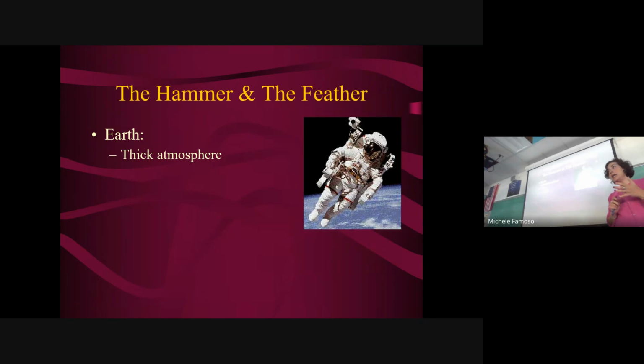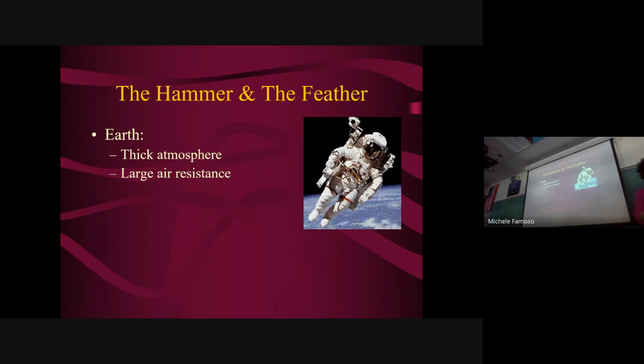What does that mean? It means there's lots of very large molecules of gas, specifically oxygen, nitrogen, carbon dioxide. These are very large molecules which create a very thick atmosphere. And those big molecules create a lot of air resistance as objects try to move through the air here on Earth.